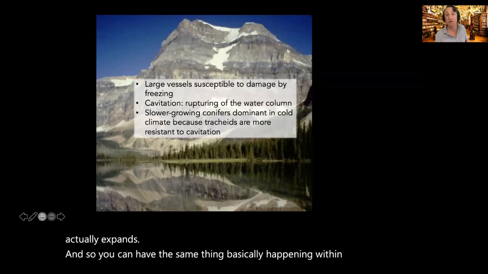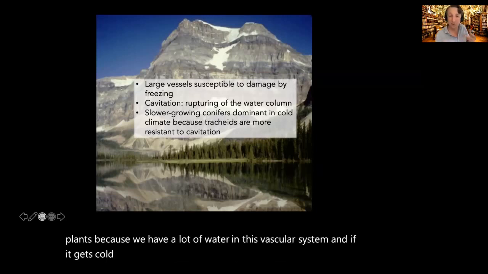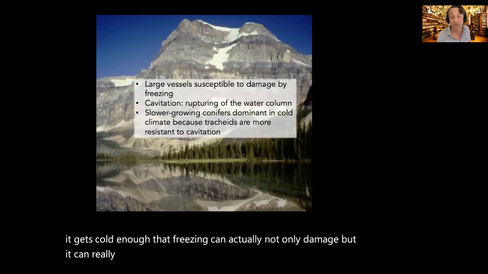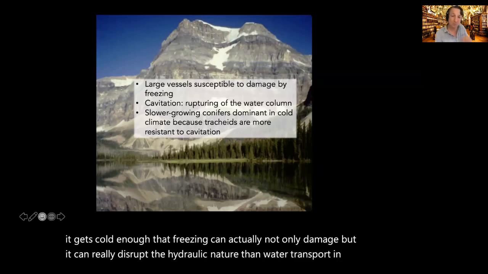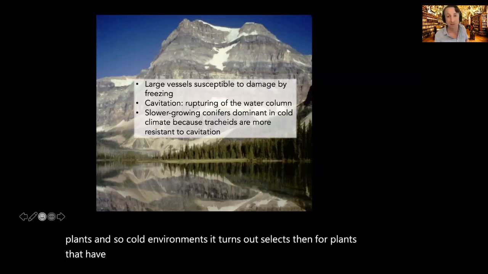Because we have a lot of water in this vascular system, and if it gets cold enough, that freezing can not only damage, but can really disrupt the hydraulic nature of water transport in plants. And so cold environments, it turns out, select for plants that have really small, narrow conduits, in particular tracheids.